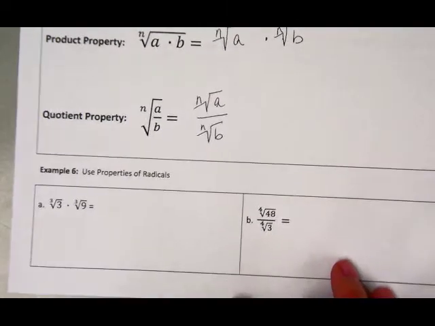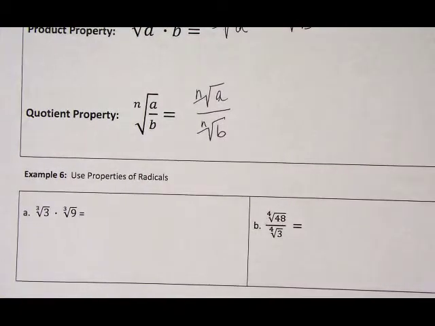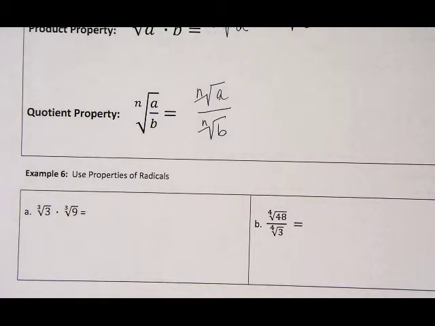In example 6, letter A, we're looking at the cube root of 3 times the cube root of 9. Now both of them on their own, we can't take the cube root of 3 and we can't take the cube root of 9. But we could look at them by multiplying them together and see if we then could take the cube root of that answer.